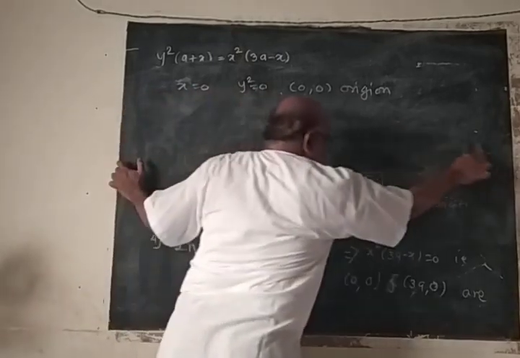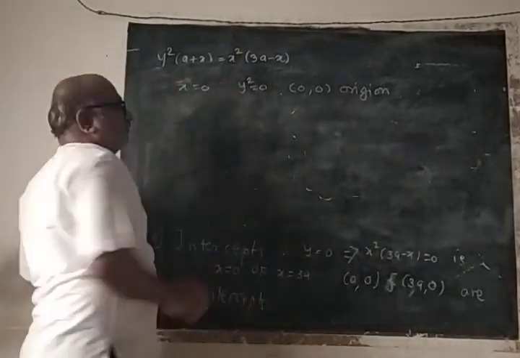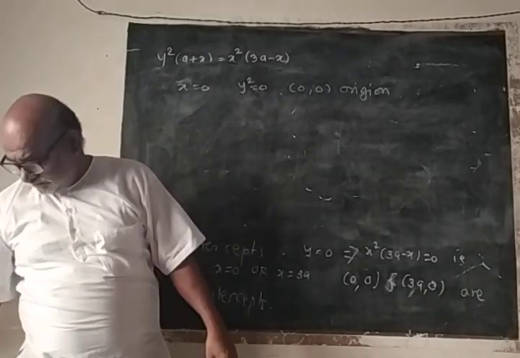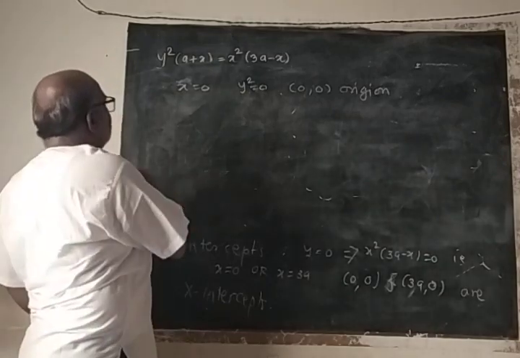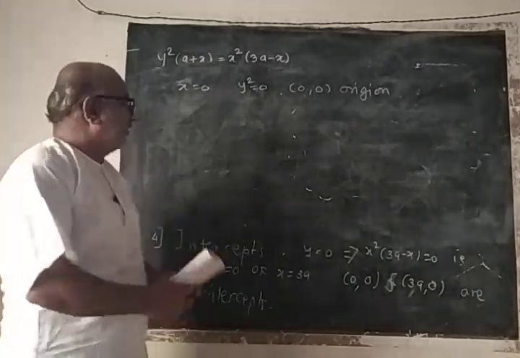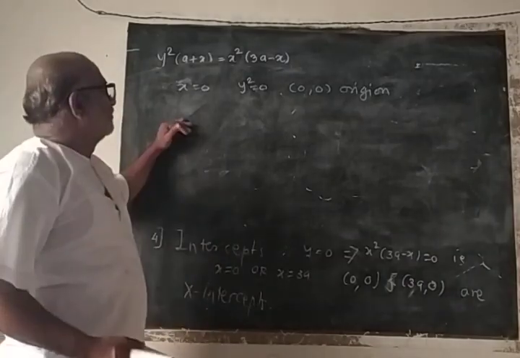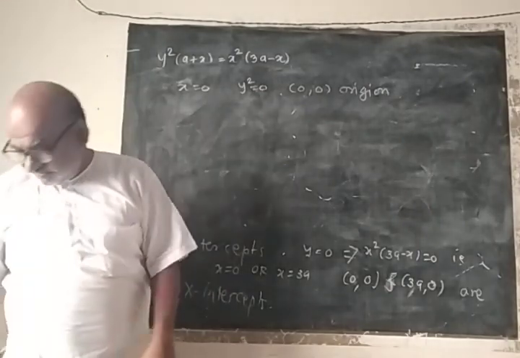Now next thing, we have to find asymptotes, whether the curve has an asymptote or not. For that, to find asymptote parallel to axis, the curve is symmetric about x-axis, therefore find asymptote parallel to axis.